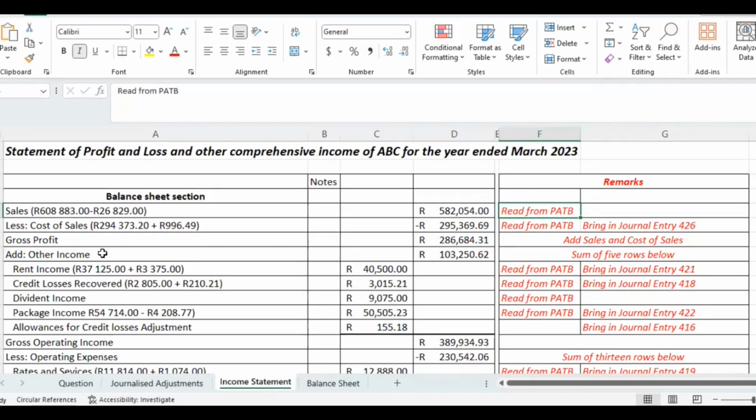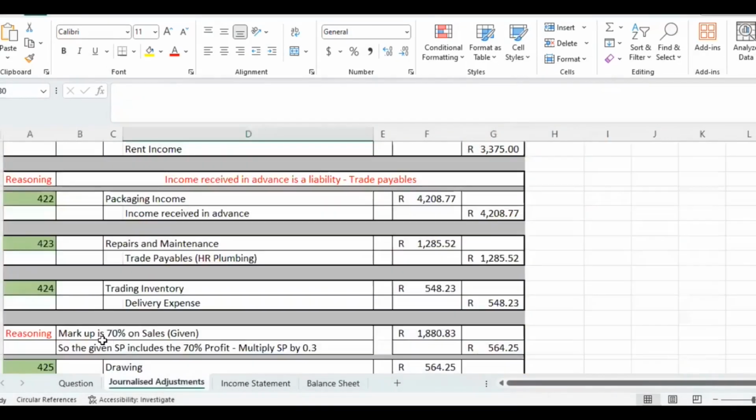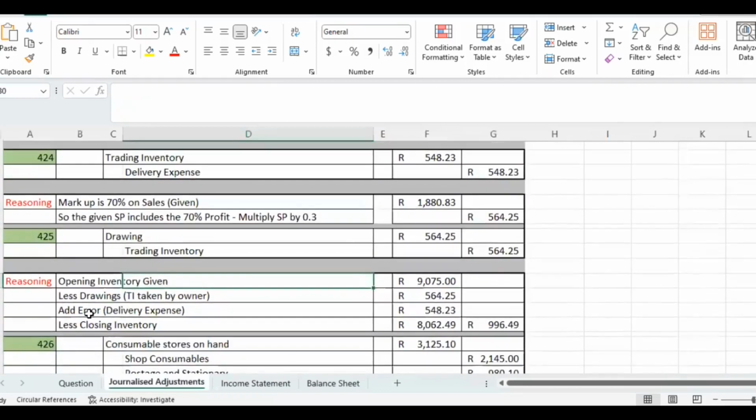Now we must subtract our cost of sales, but our cost of sales is a little more than it reflected in the pre-adjusted trial balance, to the tune of 996. Where did that come from? Well, firstly, we read from the pre-adjusted trial balance 294,363.20, and then we must bring in journal entry 426. Let's go and have a look again at what journal entry 426 was.